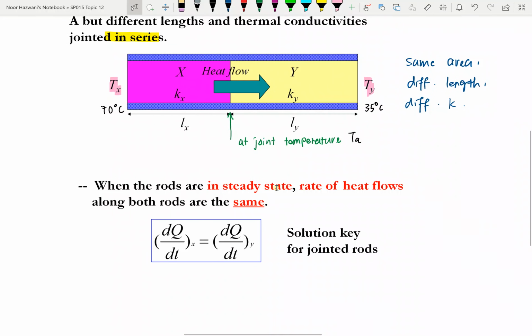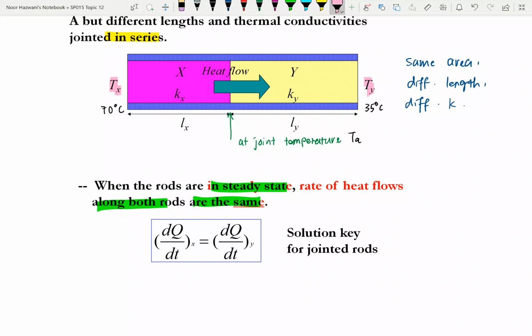Okay. So dia kata when the rods are in the steady state. So make sure kalau you nampak dekat dalam soalan, dia kata when the rods are in a steady state, so you kena tahu the rate of the heat flows along both rods are the same. Ini adalah benda yang you kena tahu, the main idea. Nampak je steady state, you tahu the rate of the heat flows between rod X dan rod Y adalah sama.